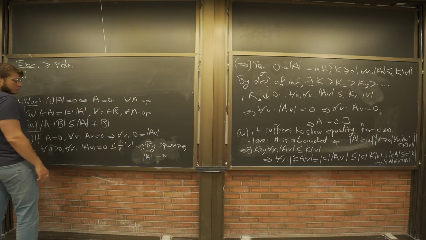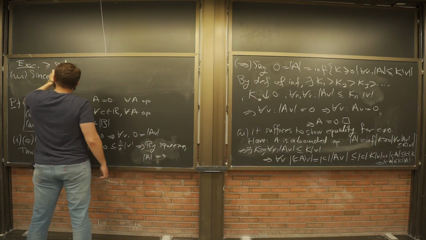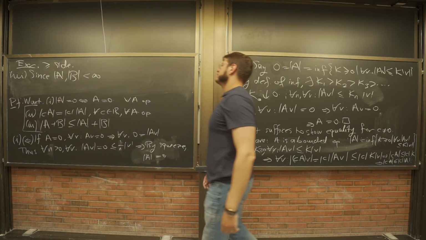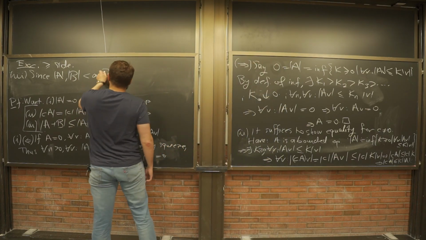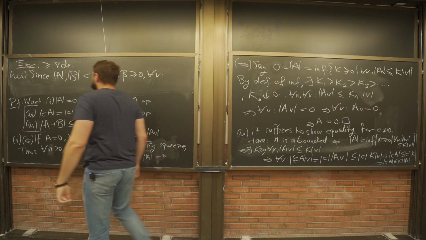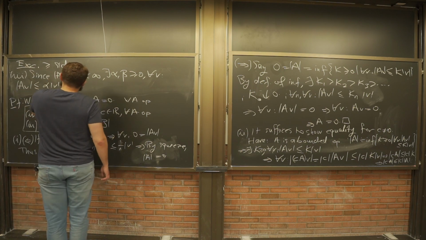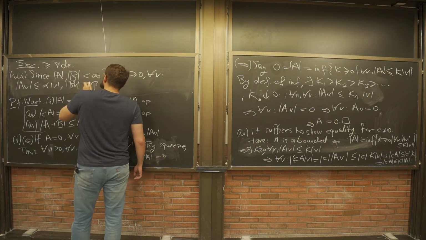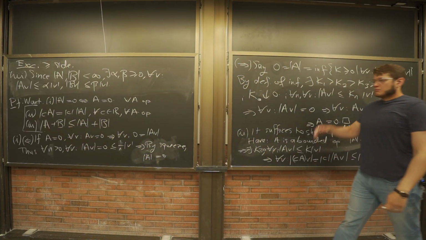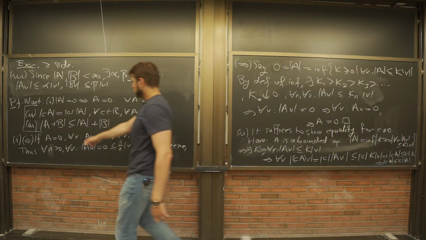Since both of these operators are bounded, there are numbers, let's say alpha and beta, such that for any v, the norm of Av is bounded from above by alpha times the norm of v, and the norm of Bv is bounded from above by beta times the norm of v. And what I'm trying to bound is the norm of (A plus B) applied to v.